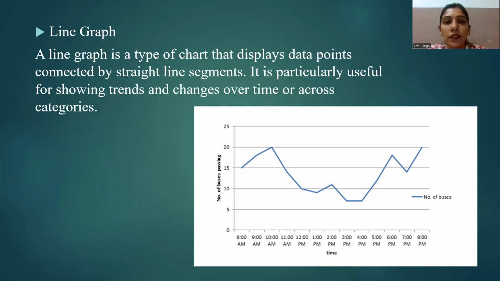The next property is that the data points correspond to the change over a period of time. The line joining the data points from one to another shows the trend of the change. In the graph below, it shows the number of buses passing through a particular street over a period of time. So this is how one can make a line graph with the help of a large statistical data set.